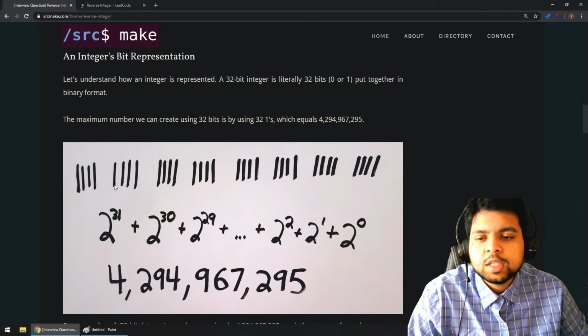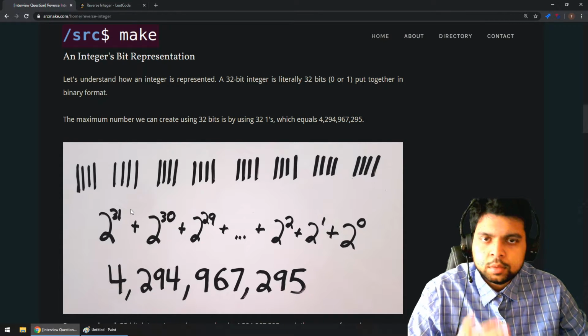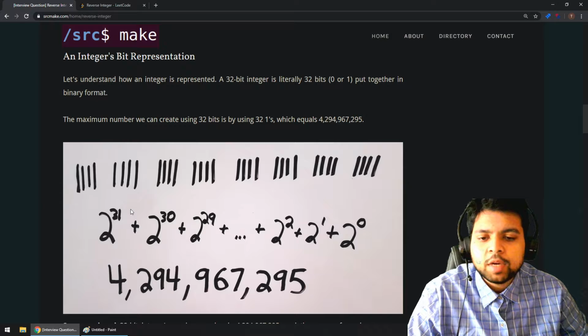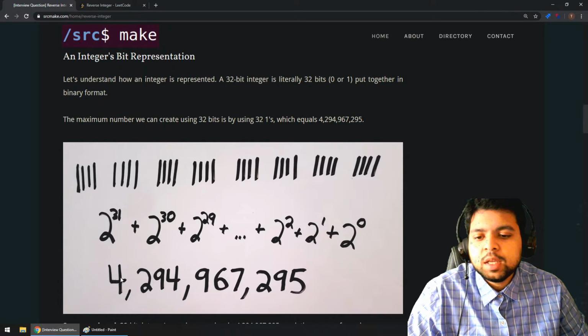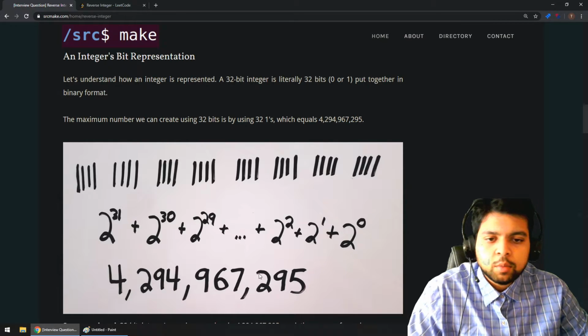And you keep going, and since we have 32 bits, we go all the way to 2 to the 31. If you were to add each one of these up, you would see that with 32 bits, the maximum value you can get if they were all 1 would be 4.2 billion. Specifically, 4294967295, whatever that number is.